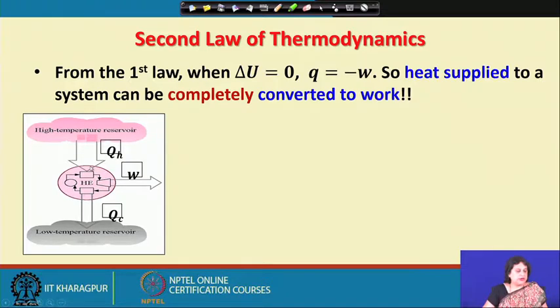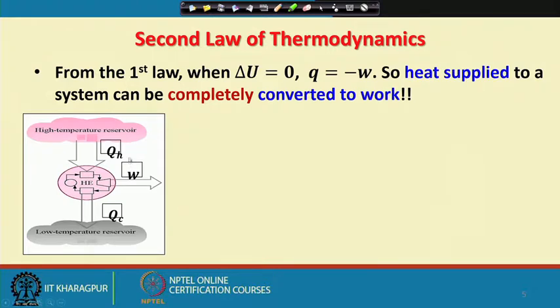Initially, it extracts QH amount of heat from the hot reservoir, and in the final stages it rejects QC amount of heat to a low temperature or cold reservoir. And in this process, while going back to its initial state, it does W amount of work on the surroundings. It is our interest to have the maximum amount of work done by this reversible heat engine with the input of QH, the amount of heat absorbed at the high temperature reservoir.